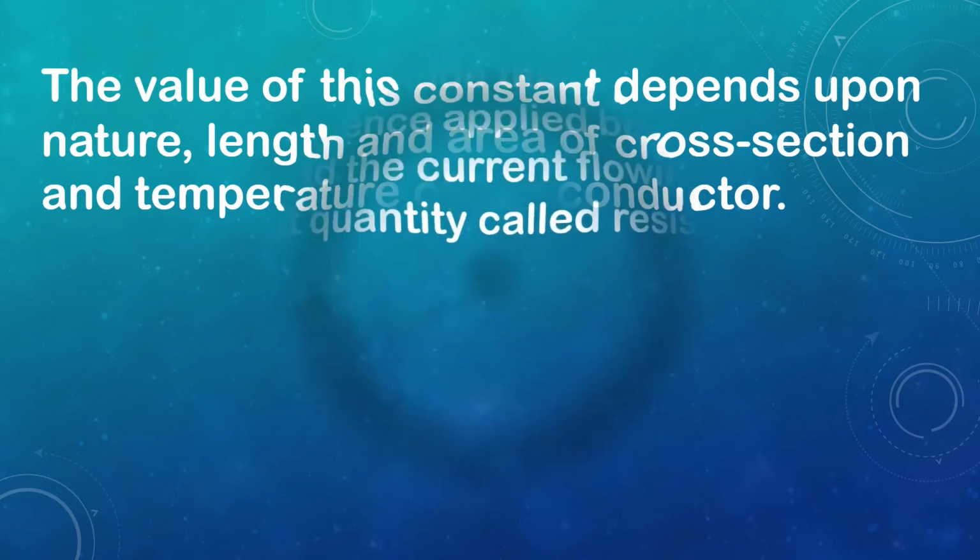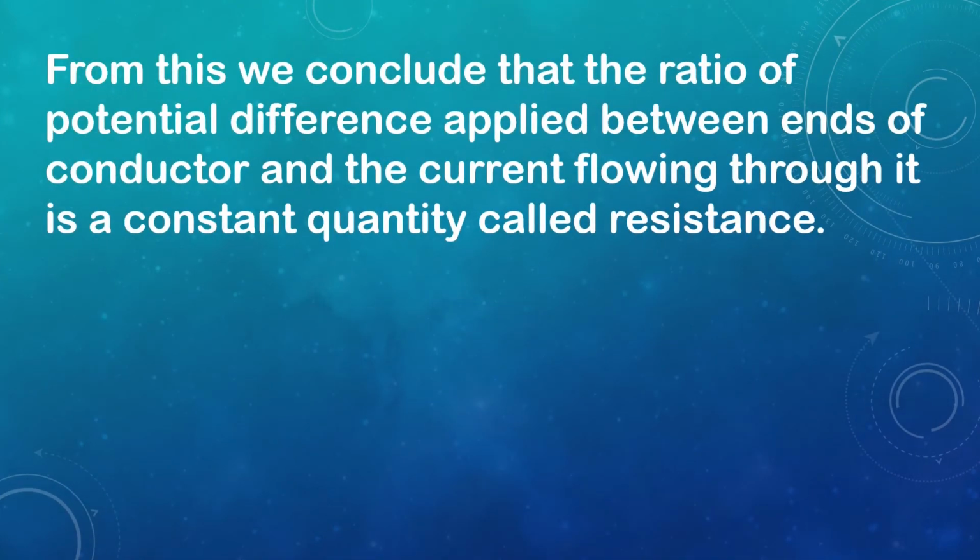So from this we can conclude that the ratio of potential difference applied between the ends of a conductor and the current flowing through it is a constant quantity called resistance. In short, the ratio V upon I gives us R, that is the constant, which we call resistance. We will talk about resistance in the next video.